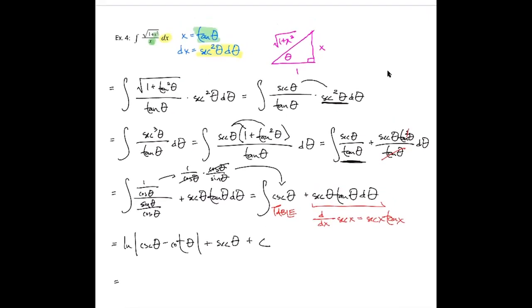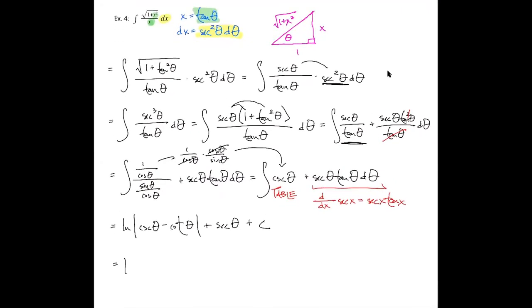So let's see what we have here. I have natural log. My cosecant is going to be hypotenuse over opposite. Cotangent is adjacent over opposite, and secant is hypotenuse over adjacent. And so we're just going to fill in the sides from our triangle.